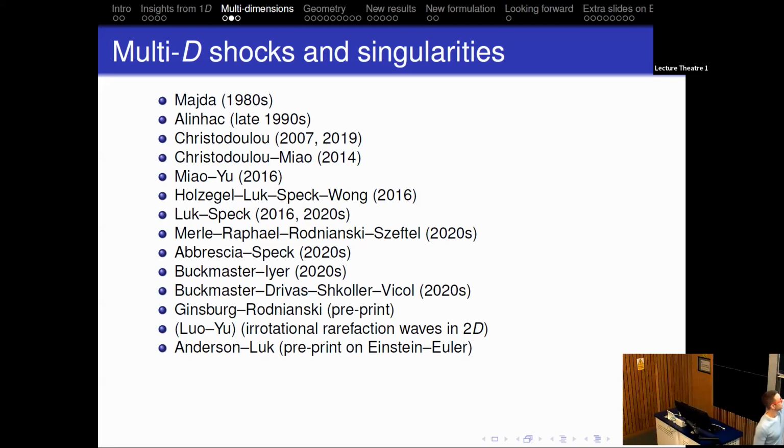Christodoulou famously studied the problem of irrotational shock formation in relativistic fluid mechanics in his 2007 monograph. His big breakthrough there was importing ideas from mathematical relativity that allow you to construct portions of the maximal development. So really what Alinhac did was follow the solution to the first singular time.